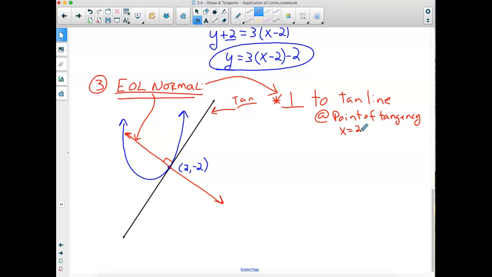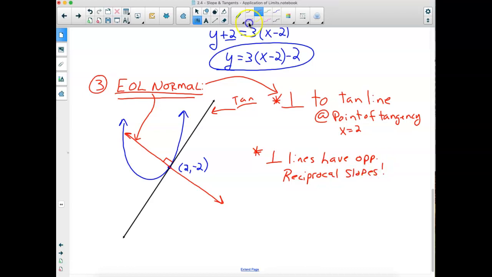Okay? And what I need to remember is perpendicular lines have opposite reciprocal slopes.